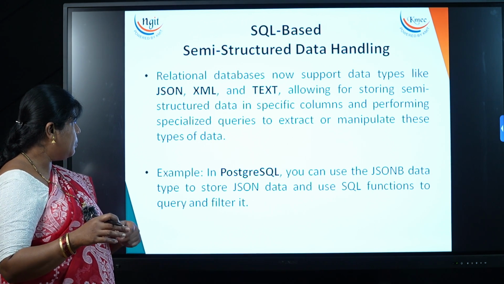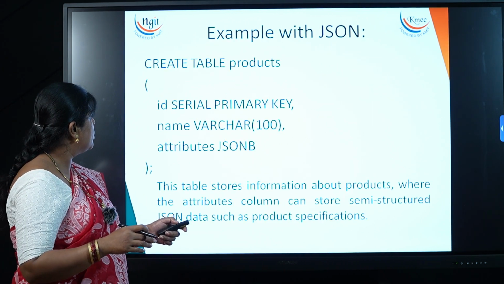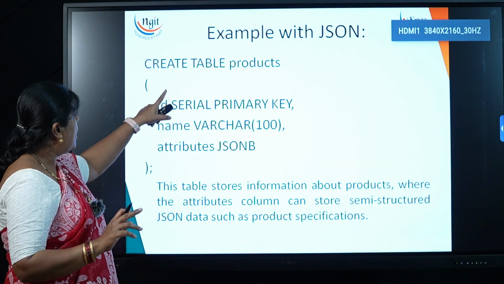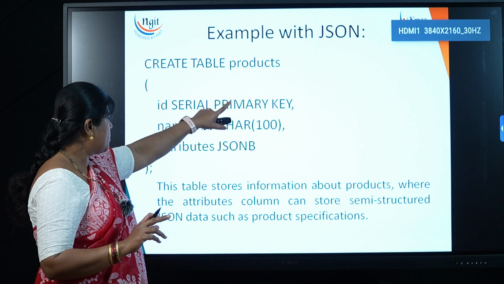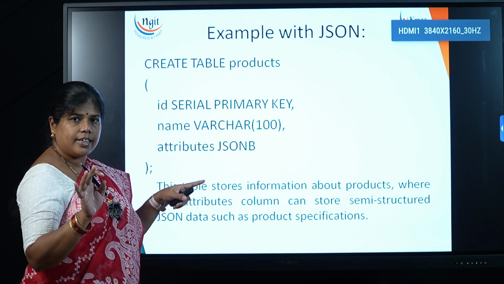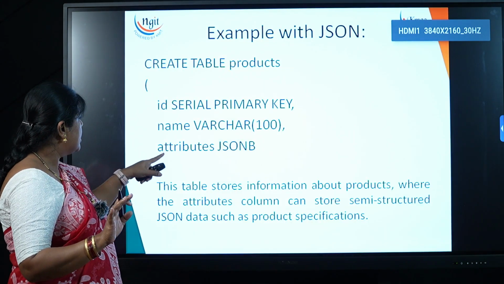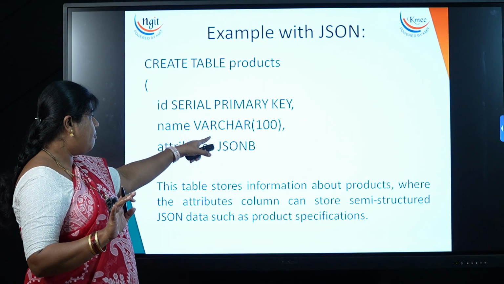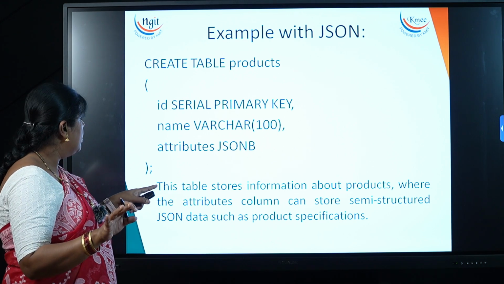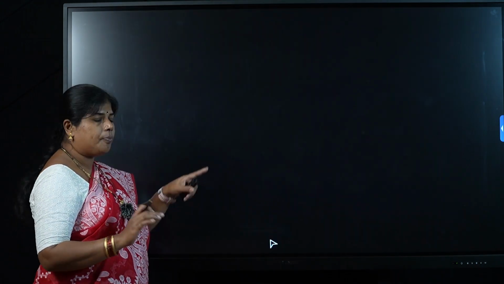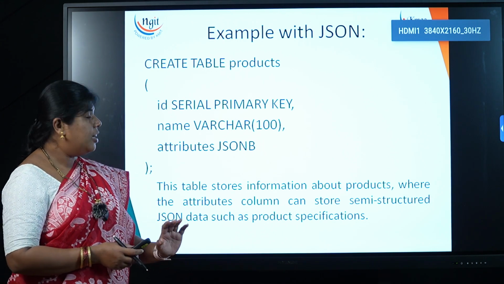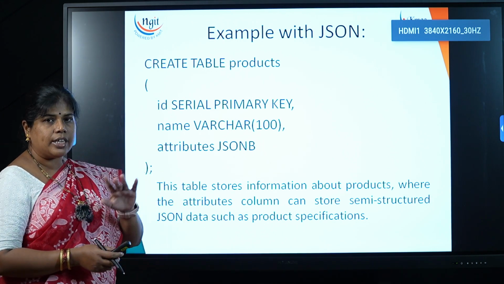Now let me show one example, then you will understand it. Example using JSON. Create table products. ID is a serial and that is my primary key. The next one is name, which I take as a varchar. Now attributes as JSONB. For any product, many attributes will be there. I am not going to list all those 10 attributes.